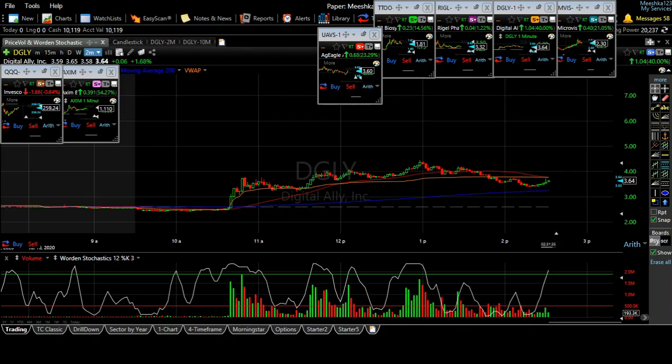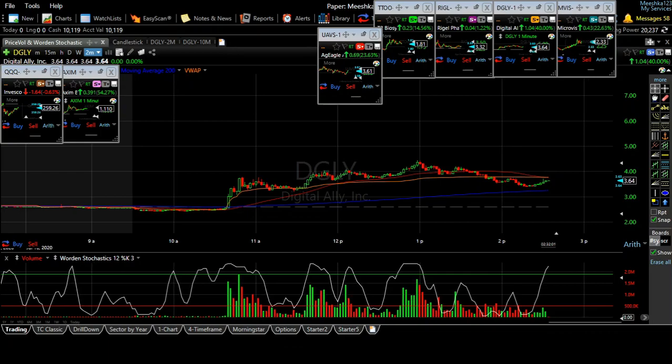I'm juggling between two different stocks right now because I have a position in DGLY and MVIS. Both of them are at key levels at the same time pretty much. I mean, two different patterns, but they're acting together in sequence in terms of key levels. So I'm just trying my best right now to multitask between the both of them.